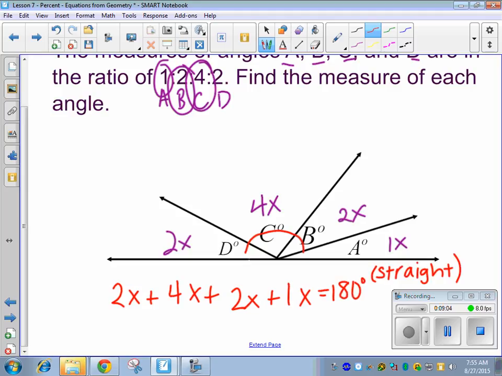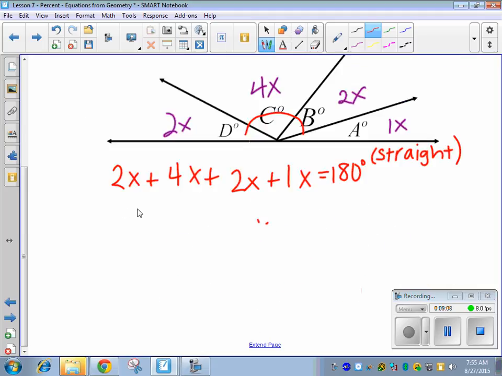You just want to put straight, that's fine. Okay. So I add up all my x's. So that'd be 6x, and that'd be 8x, and that would be 9x. And divide by 9. So x is what? Good, 20.